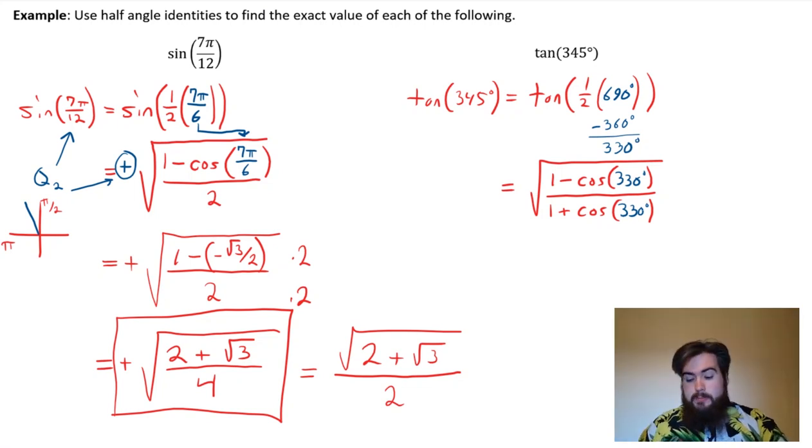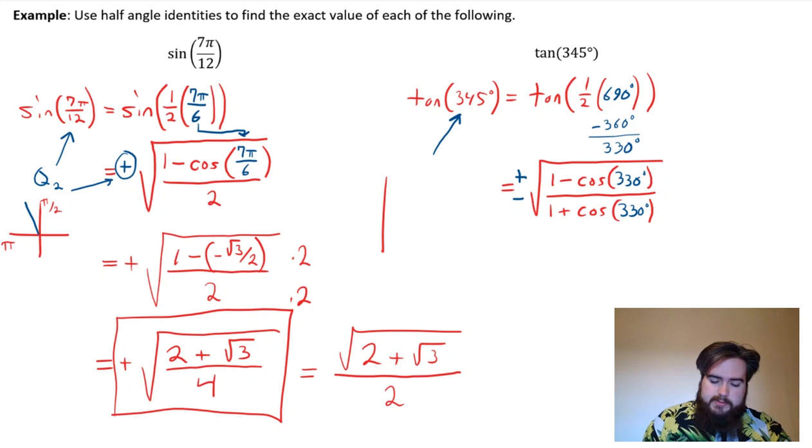Keep in mind though, before I move forward, I do need to determine whether this should be positive or negative for the square root. And so I look at the original angle measure. 345 degrees is more than 270 degrees and it is less than 360.